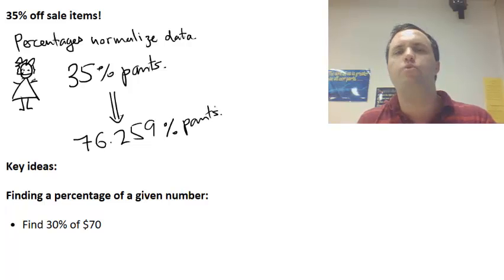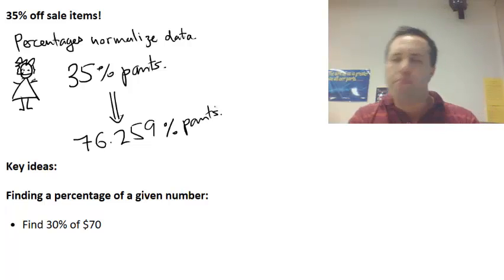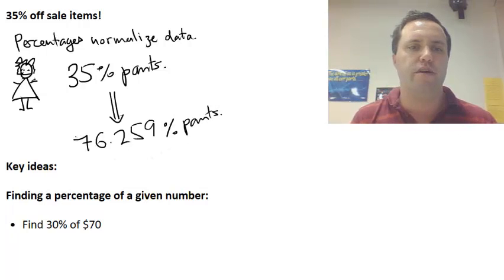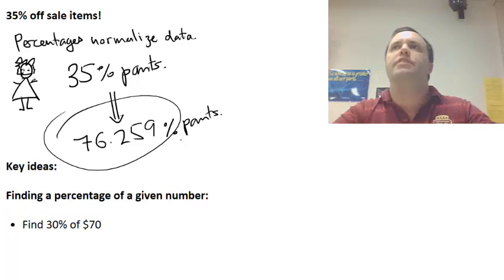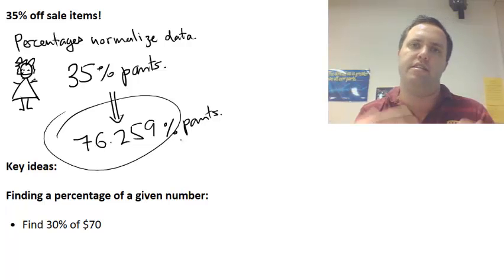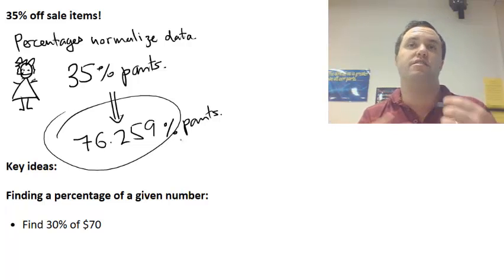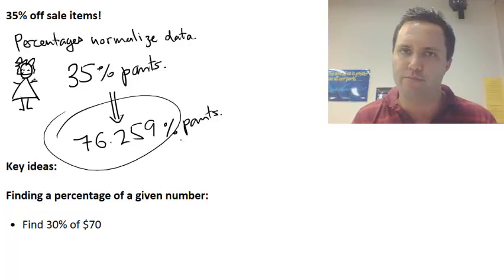She can quickly tell that regardless of how much the pants cost, she's going to get a bigger amount off at this one, because the percentage normalizes the data and takes all the other factors and numbers out of it. We get everything down to the idea of a percentage, which is really just a fraction, which is really just a ratio of different parts.